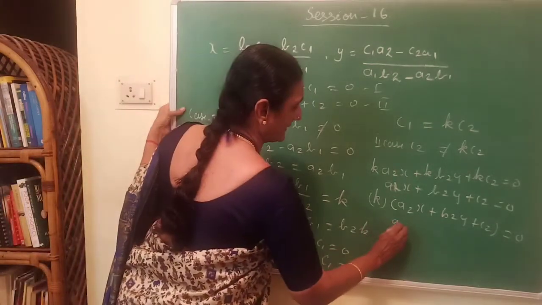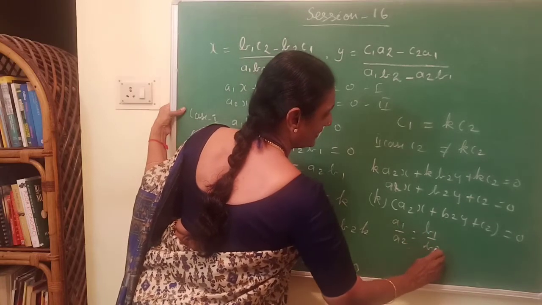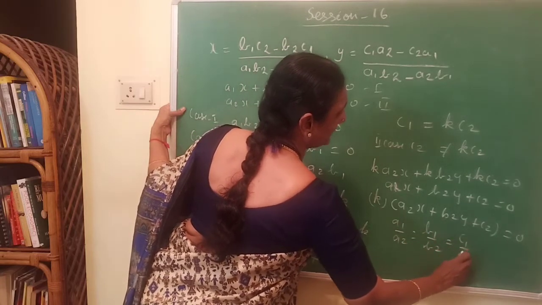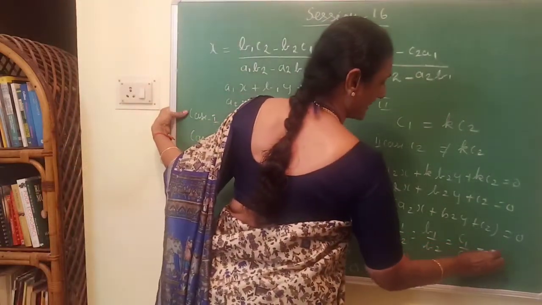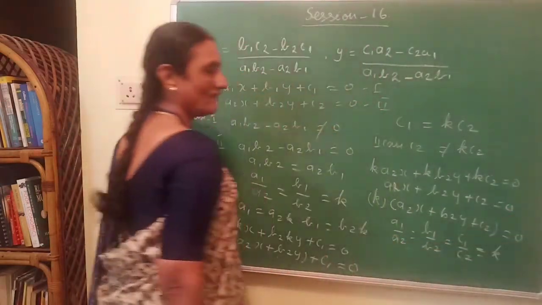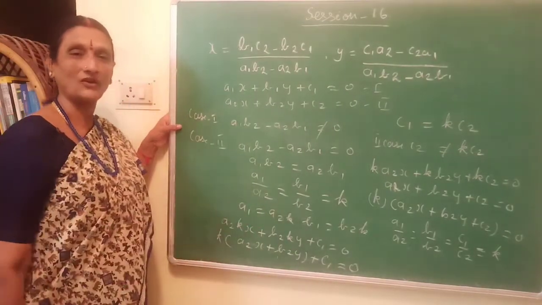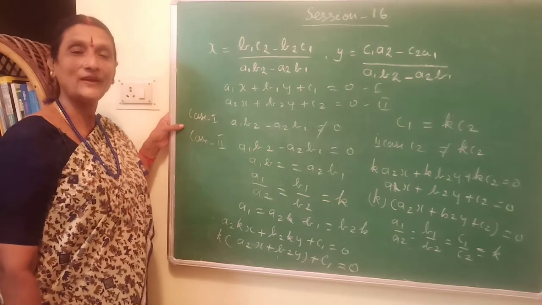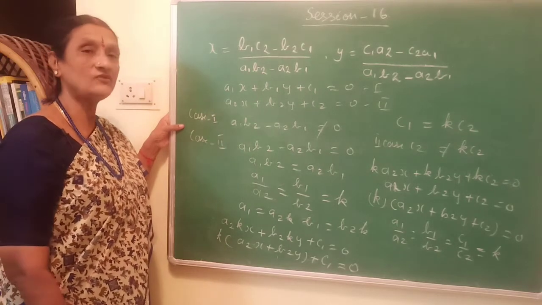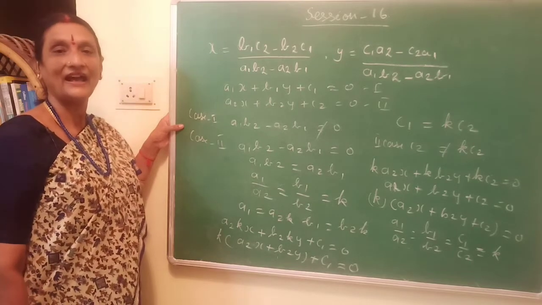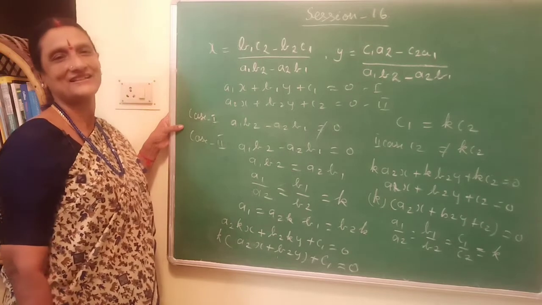This a1 by a2 is equal to b1 by b2, and that is also equal to c1 by c2. And all the three ratios are equal to k. When do we come across such a case? This case we can come across when the equations are consistent, having infinite solutions, and also the lines are coincident lines.